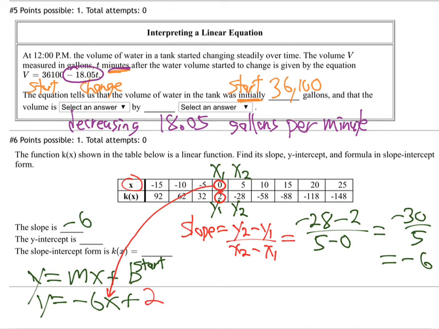So the b is the y value next to x is 0. It's the starting value. So there's the equation. The y-intercept is 2, and there's the equation they want on the third part.